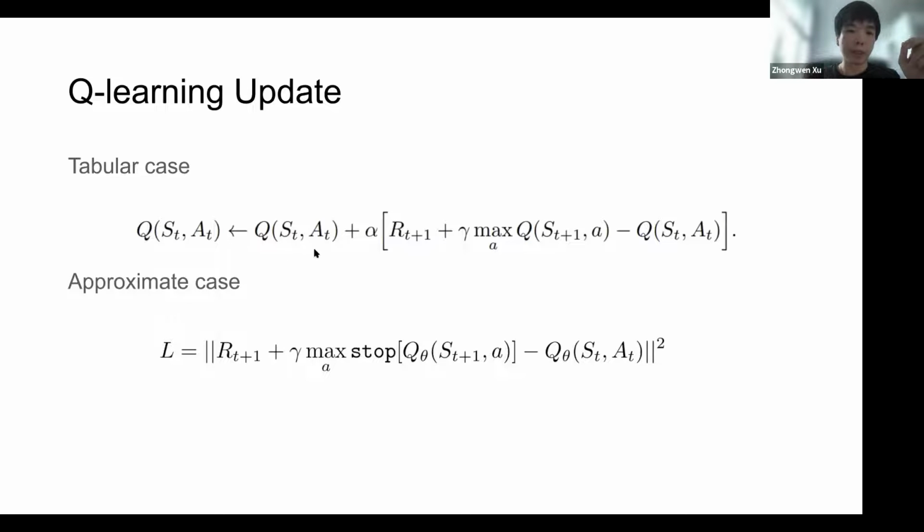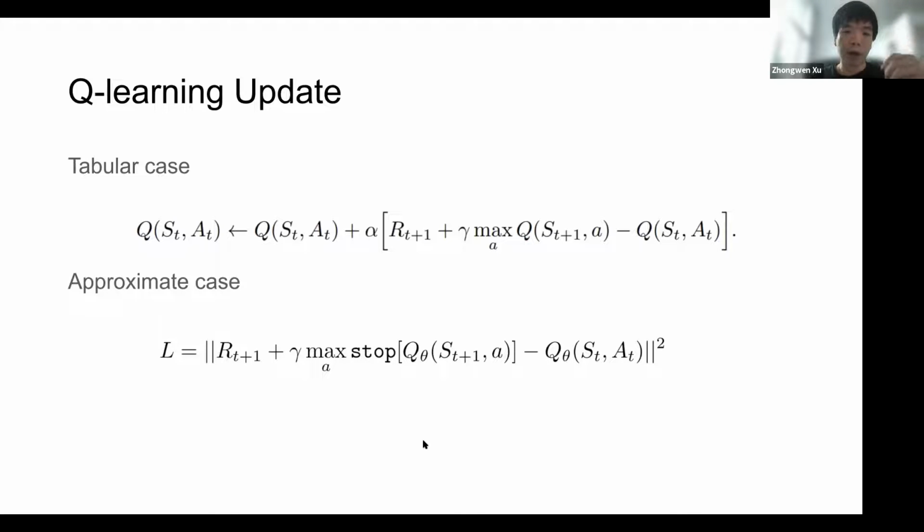So you can denote all of the Q values and all of the states in some tabular form. In that kind of tabular form, you can directly update your Q values according to this kind of update function.